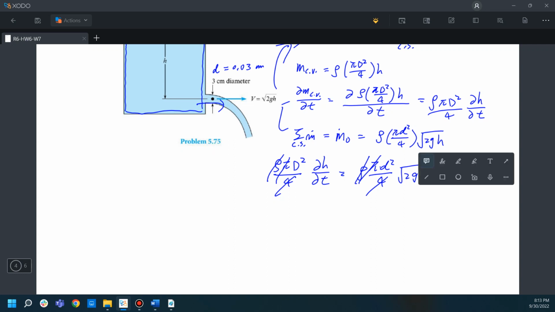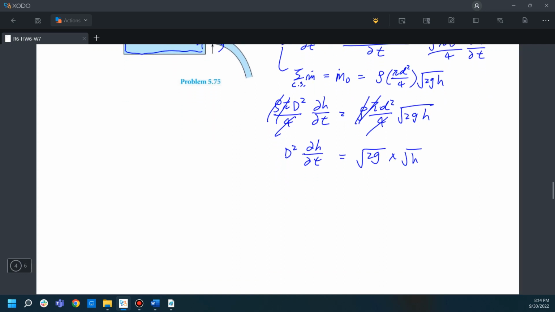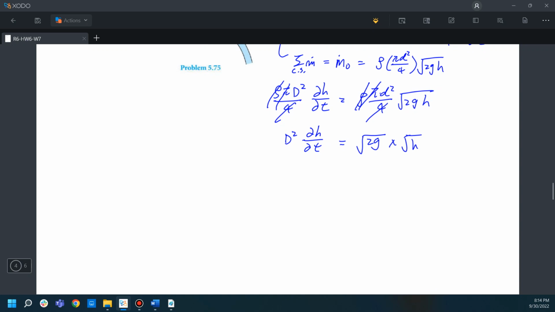So we just take these, let me rewrite it, okay? D² ∂h/∂t equal to 2gh, and let's not make things more complicated. And now we can move the h to this side and this dt to this side.